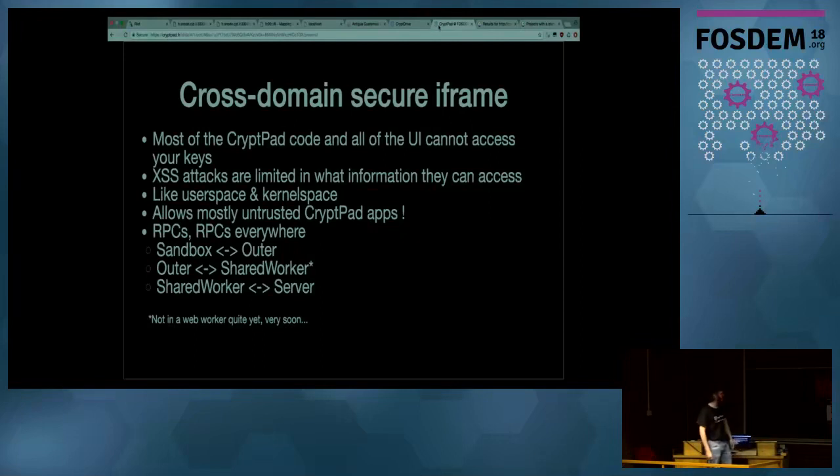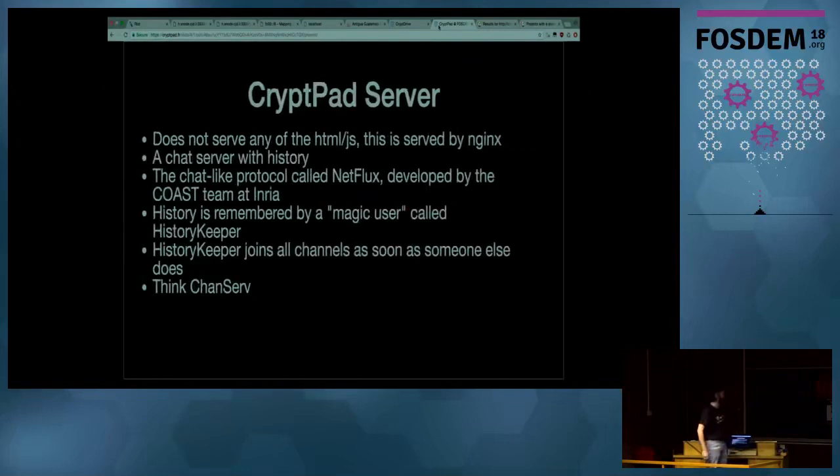So everything you see inside here is on sandbox.cryptpad.info. So cross-site scripting attacks are limited, and we have RPCs everywhere because of this, which is sort of bad and sort of good. It helps us architect the software by forcing that on us.